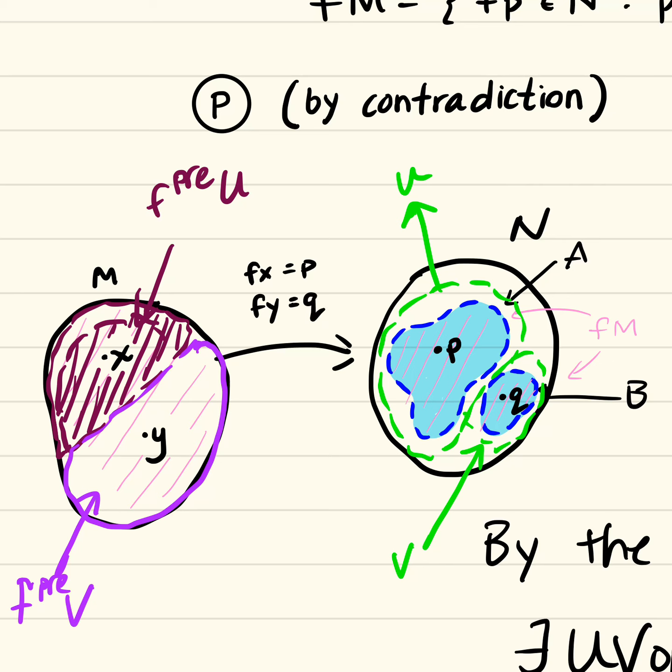Because if P is in F of M, then there's some point in M that is mapped to P, right?